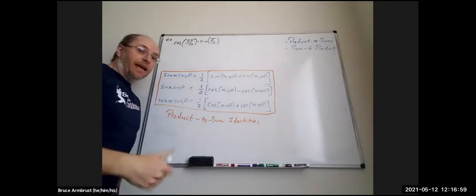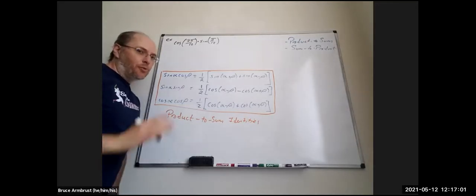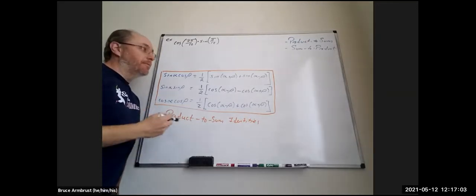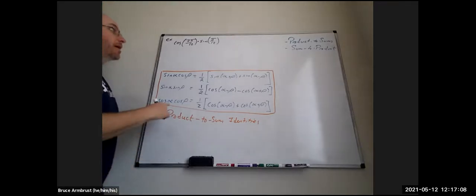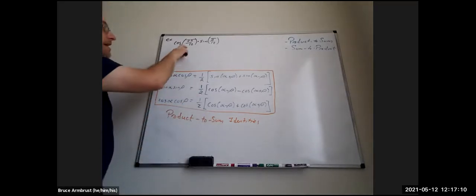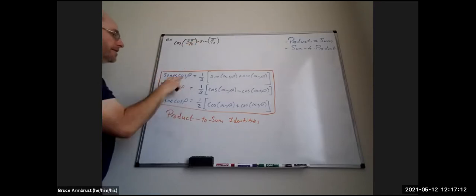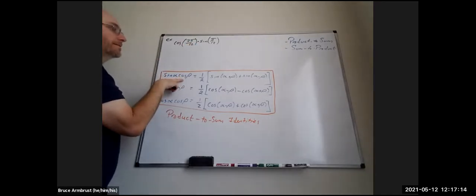It's on our chart. So we use half angle identity. So it's not like there's just one way to get there, but probably the fastest is going to use this product to sum. So let's look at this guy, because we've got sine and cosine being multiplied together. So we're going to use this one right here.